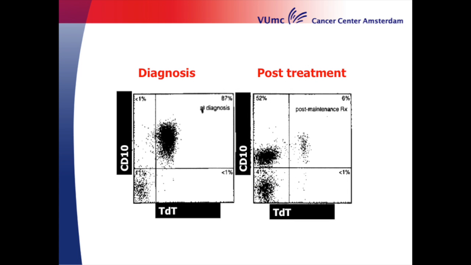Immunophenotyping can also be used during follow-up of the disease. In this example, you see the results of a 6-year-old boy with acute lymphocytic leukemia. At diagnosis on the left, there were 87% blasts with a specific phenotype, positive for CD10 and TDT. And after a first round of chemotherapy, only 6% blasts were found using this specific technique.